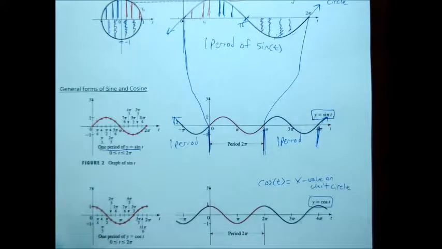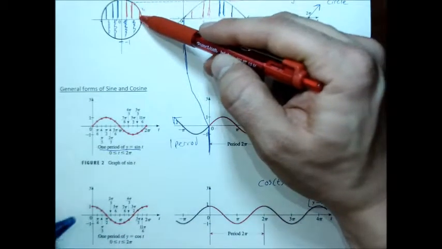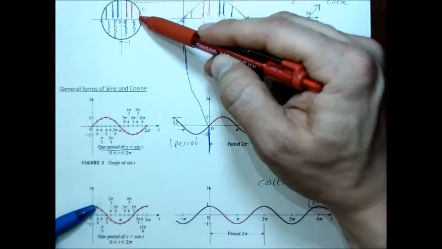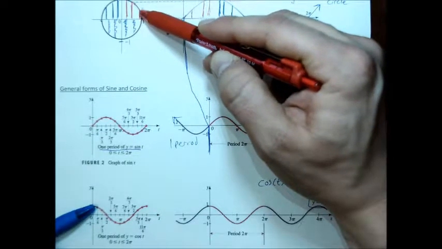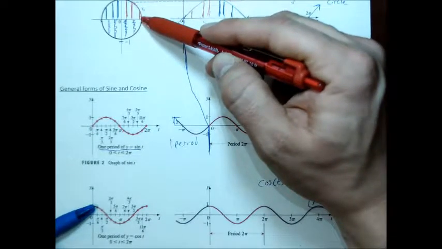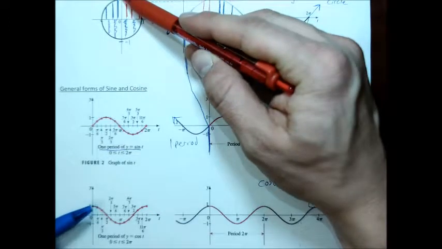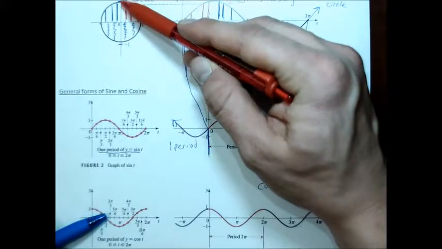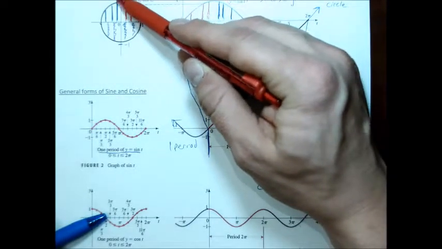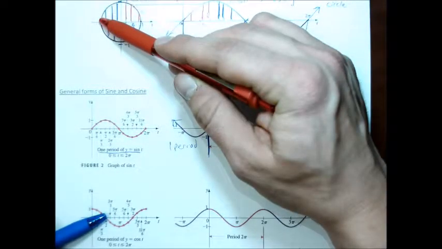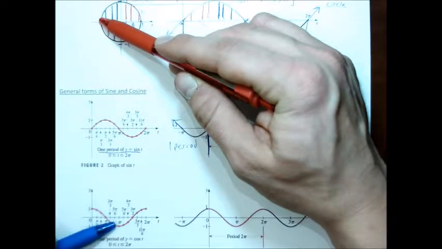Let me trace it out with both. If we start here on the unit circle, we're starting right here with this graph down here. And the x values start at 1 and go down to 0. So they start at 1 on this graph and they go down to 0. And then the x values on the top, on the unit circle here, become negative to negative 1. And you can see down here, they become negative to negative 1 at pi.